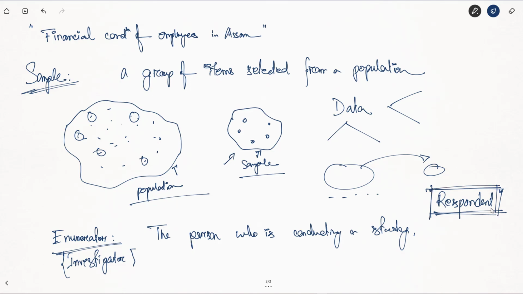In any primary data or secondary data, the source from where we collect information are called respondents. So there are two terms, enumerator and respondent. Enumerator is the person who conducts a study. Respondent is the person who provides information for that particular study to be successful, right?